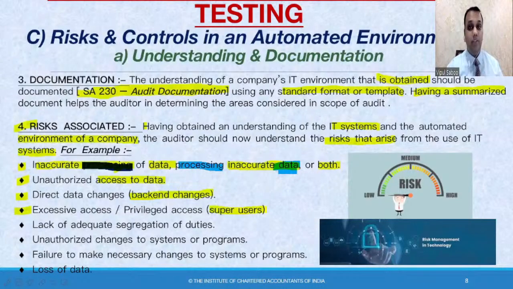He has got privileged access, excessive access, which is ultra vires his responsibilities, ultra vires his post. This also poses a risk that he is the same person who is entering the transaction and the same person who is approving the transaction. Where is the check? There's a big risk of fraud in the company.